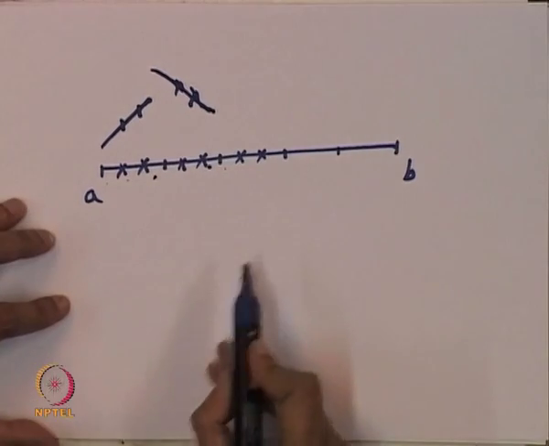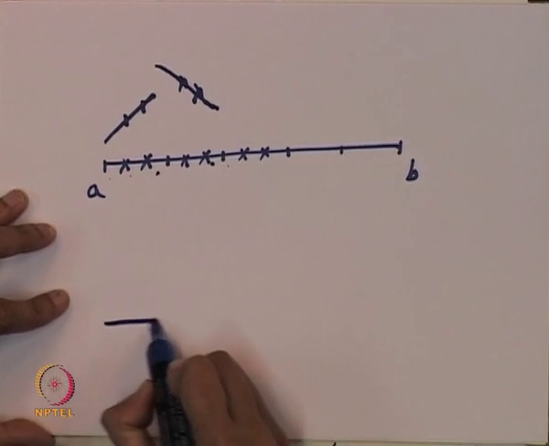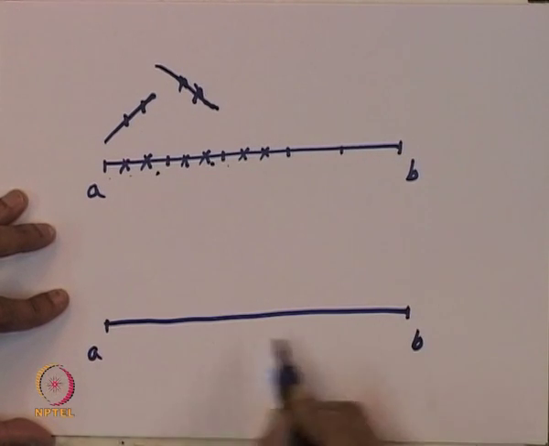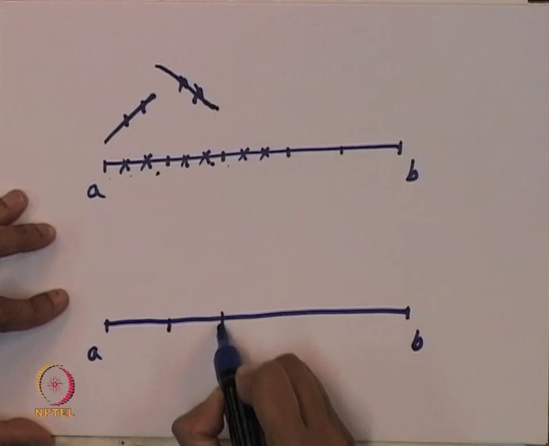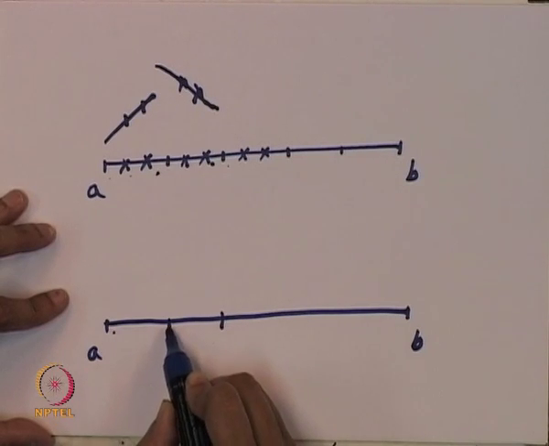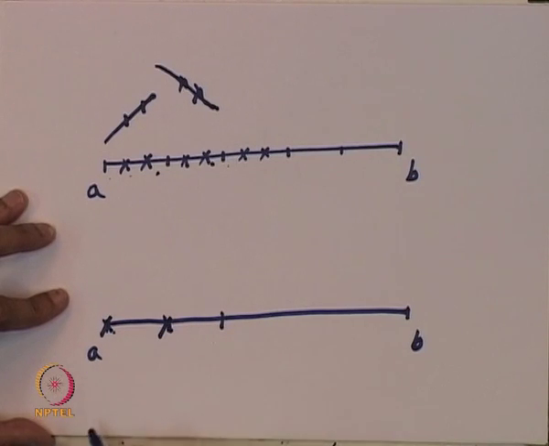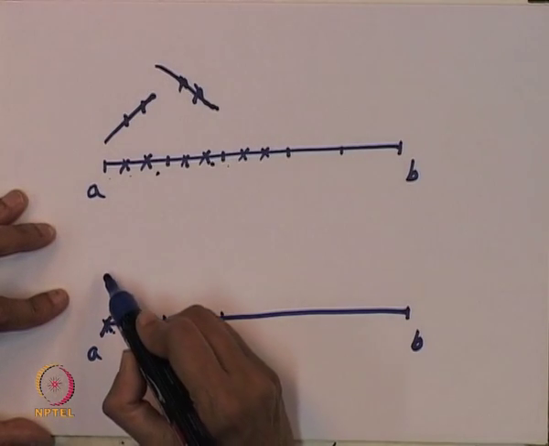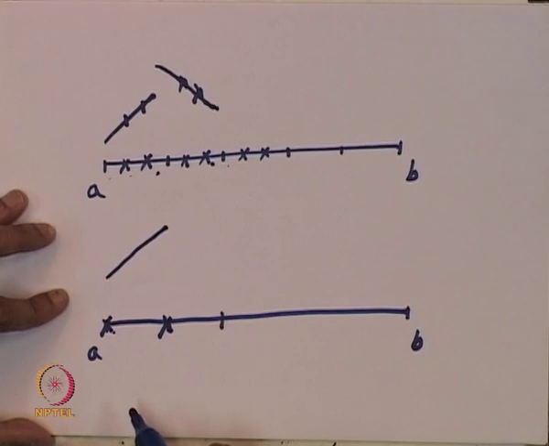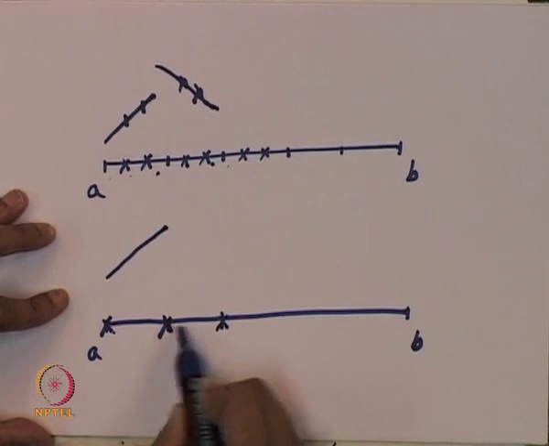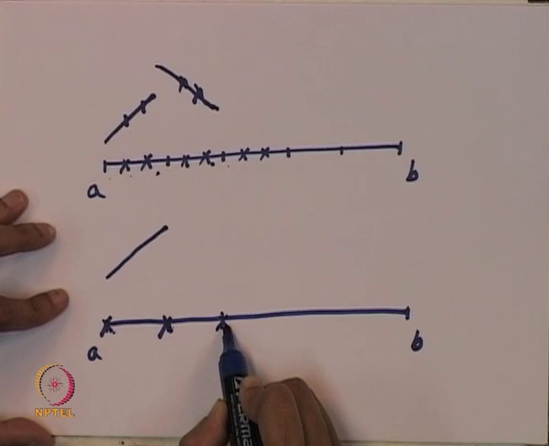So, if I want continuity, then let me do it this way. This is my interval a b. When I consider this interval, take the interpolation points to be the end points. So, I will have some function. Now, in this next interval, take these 2 as the interpolating points.